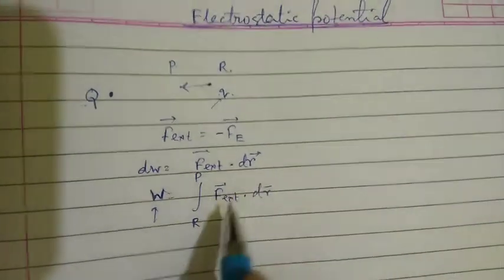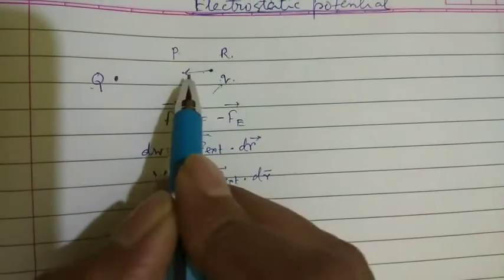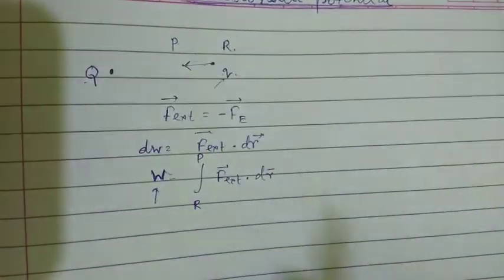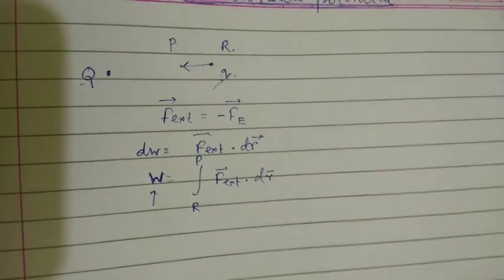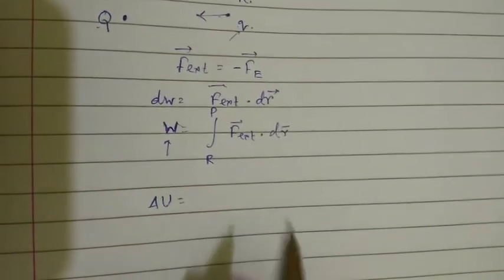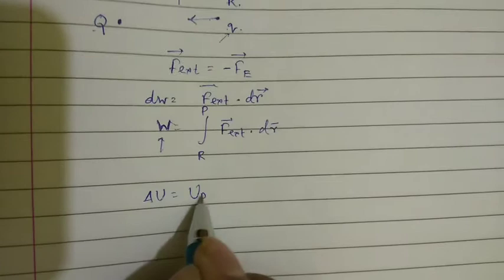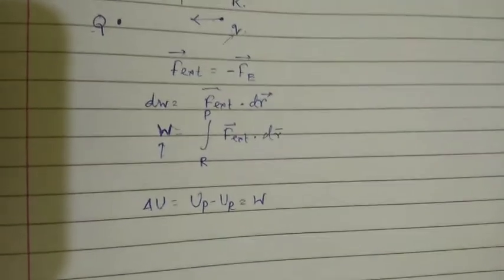This work is done against the electric force, so there will be a gain in the electrical potential energy of this charge. So we can write the change in potential energy as UP minus UR equals W, the same amount of work done.